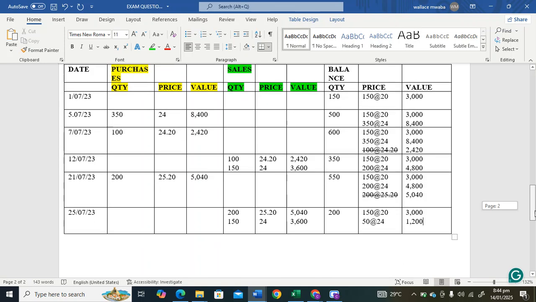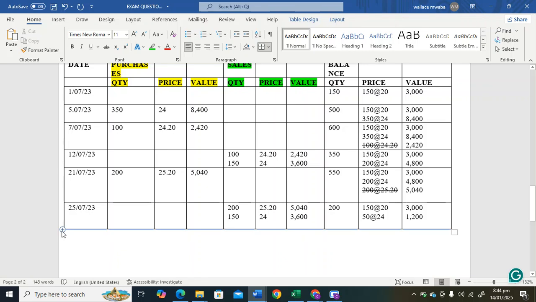So the value of our closing inventory, you just add now 3,000 plus 1,200, 4,200. That is the value of the closing inventory.